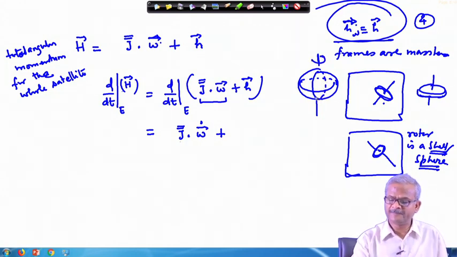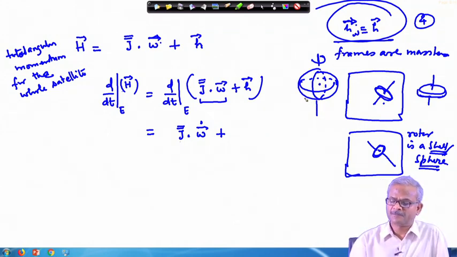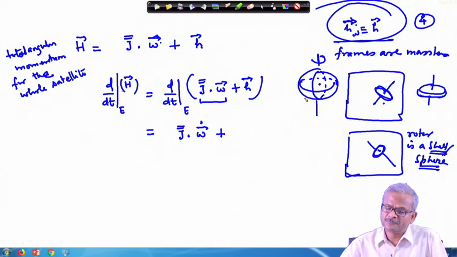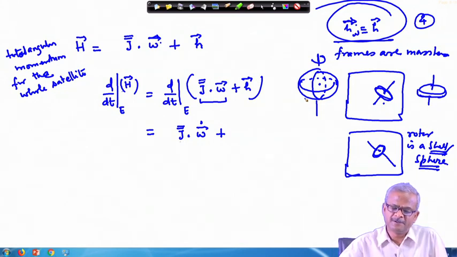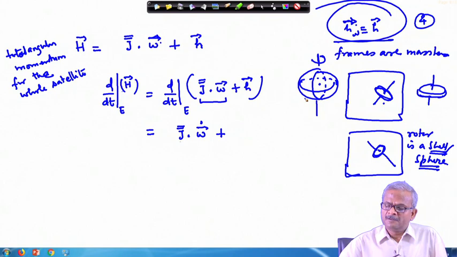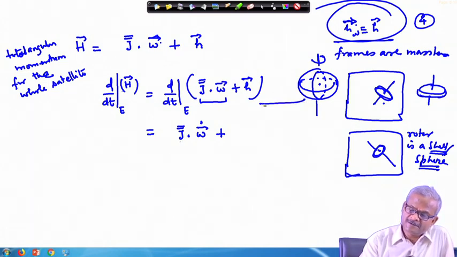So, whatever way it tilts, its moment of inertia does not change along any axis, because whichever three orthogonal directions you choose for a sphere or a shell, they remain the principal axis directions. And therefore, it does not make a difference to the moment of inertia of the whole body. So, this is applicable for the case we are discussing here.